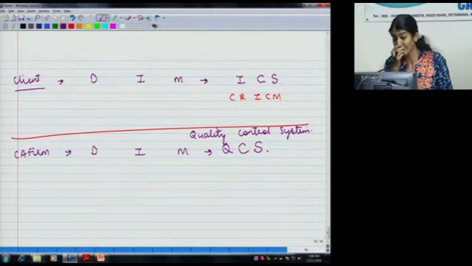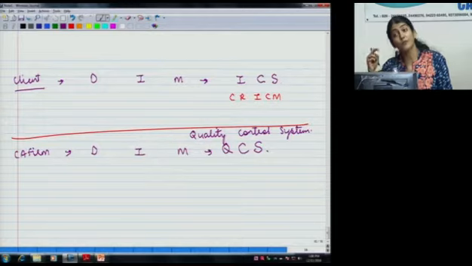So what's the title of SQC 1? Quality Control for Firms.